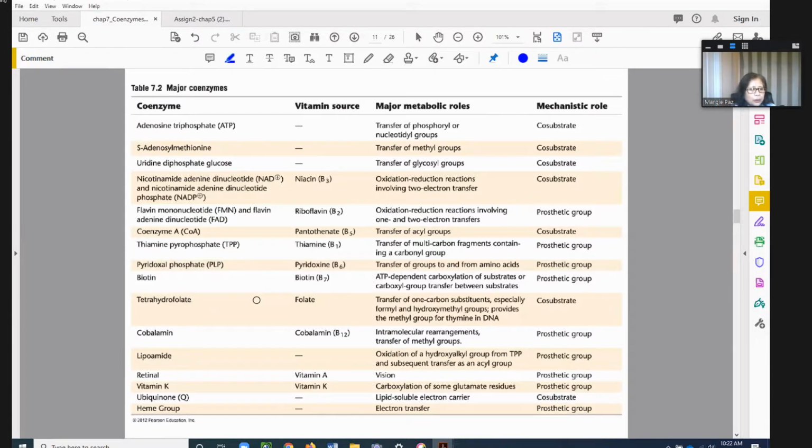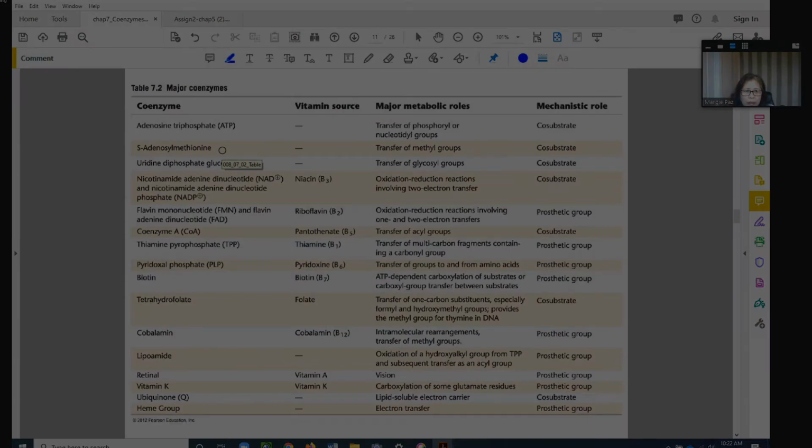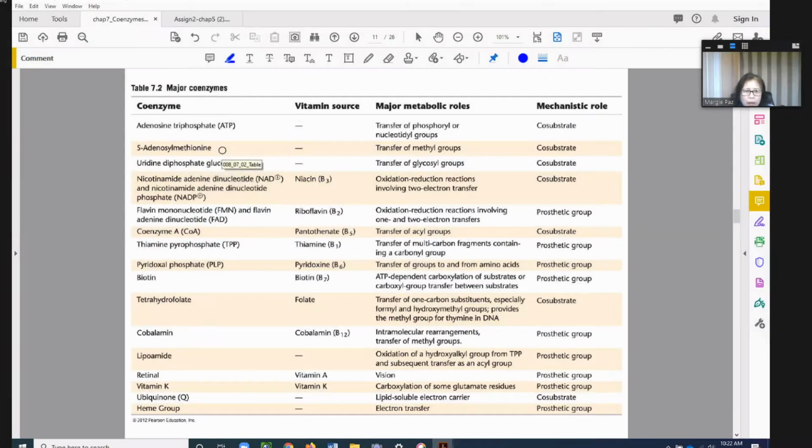Right, to sum up what we've just covered on the examples of metabolite coenzymes, we examined ATP, S-adenosylmethionine, or SAM, UDP glucose.